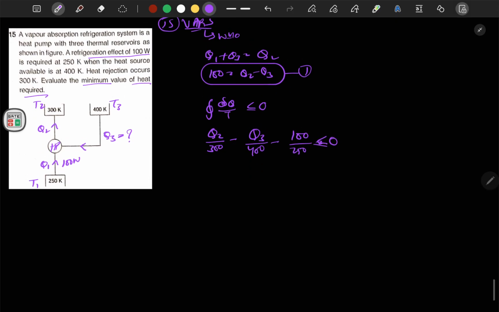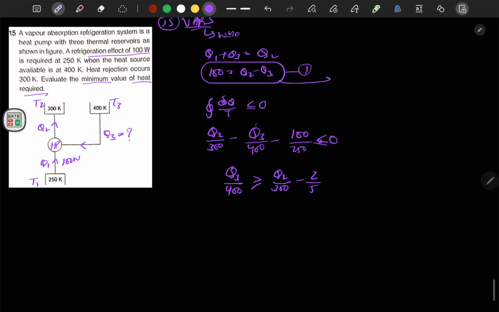So if we calculate the value of Q3, we know that Q3 by 400 should be greater than or equal to, if I take the other side, Q2 by 300 minus 2 by 5. Now from here we can write that our value of Q2 is equal to 100 plus Q3.